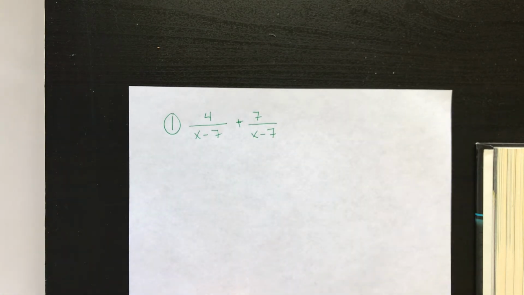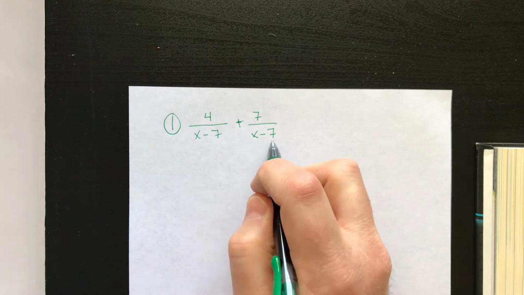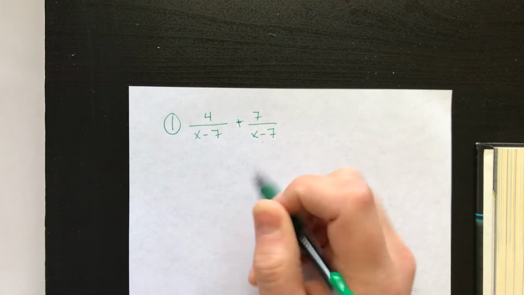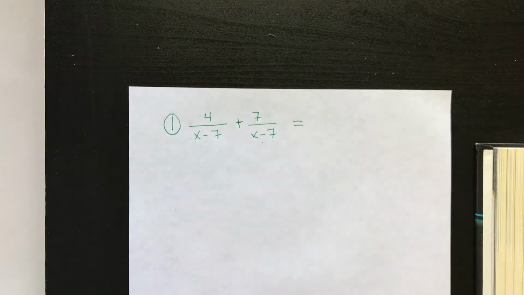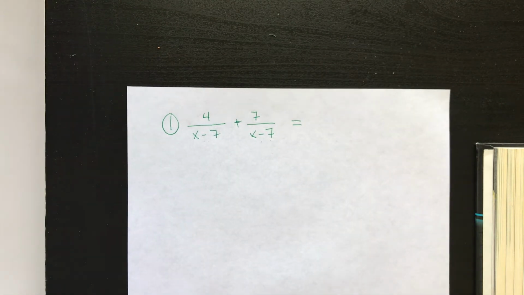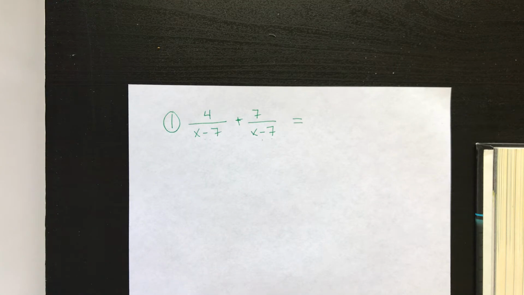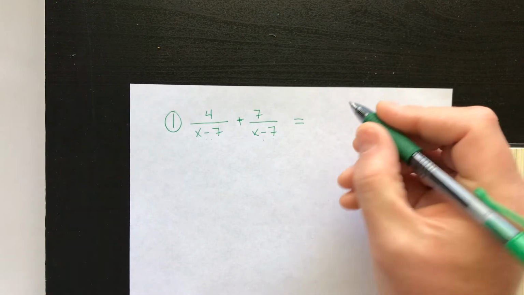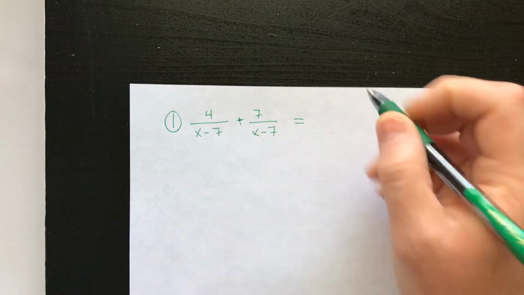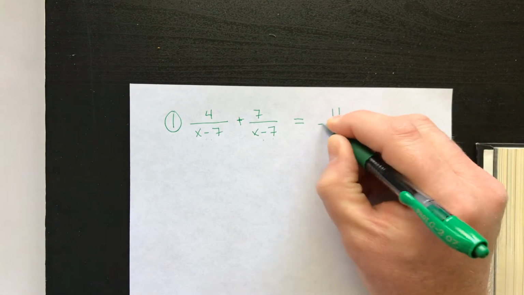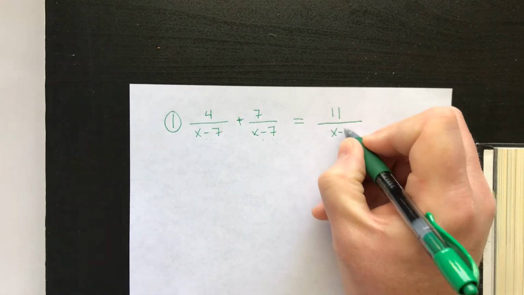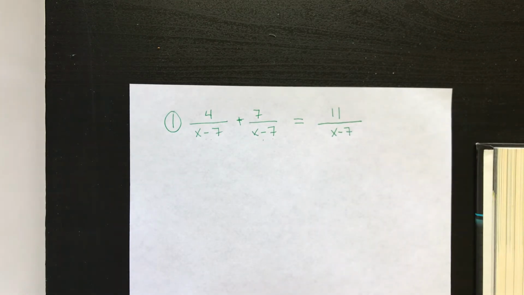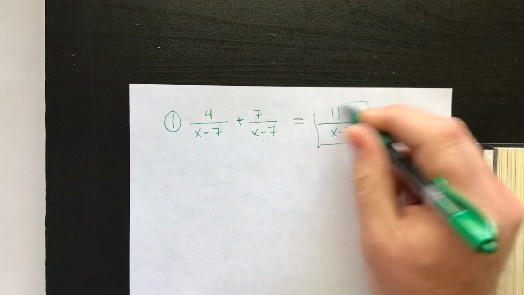Well, this is very easy. We have common denominators already, x minus 7. So when we're adding these two rational expressions together, all you need to do is add the numerator. So your final answer is 4 plus 7, which is 11, all over x minus 7, because that is what your denominator was.